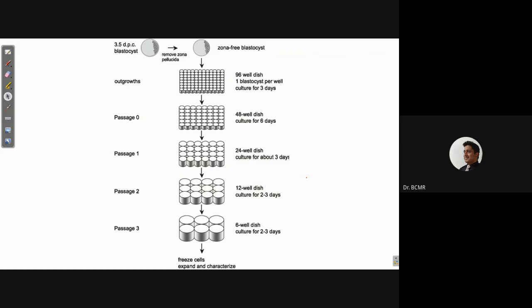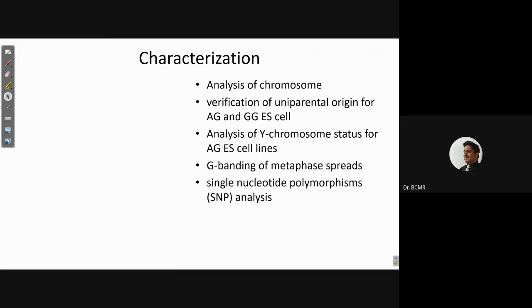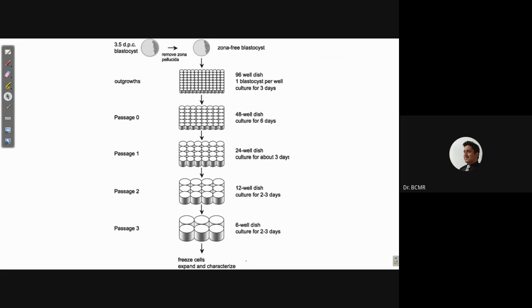But otherwise, we have a fair understanding of why we are doing this and how to do it. So the next thing is, say, for example, we have got the uniparental embryonic stem cells, and we need to perform some experiments.